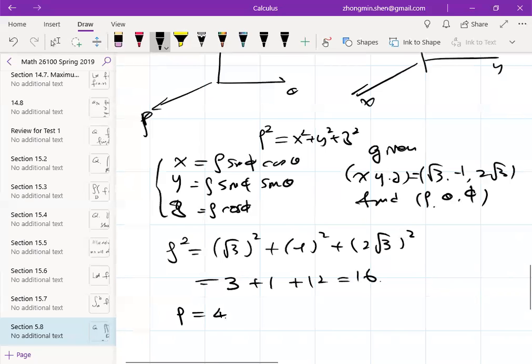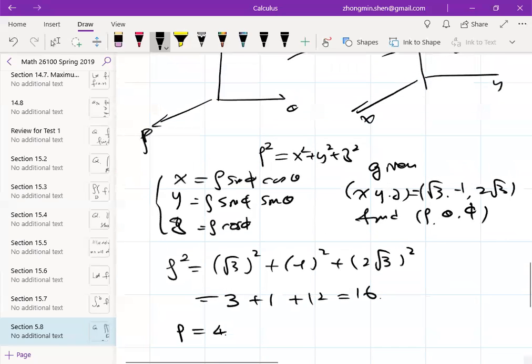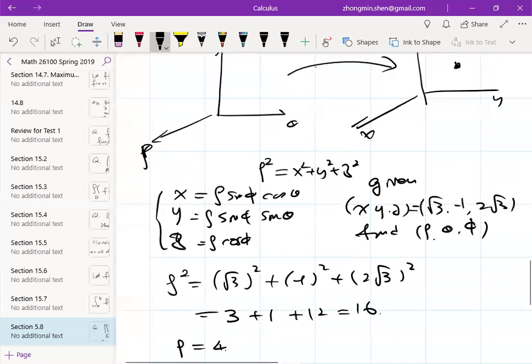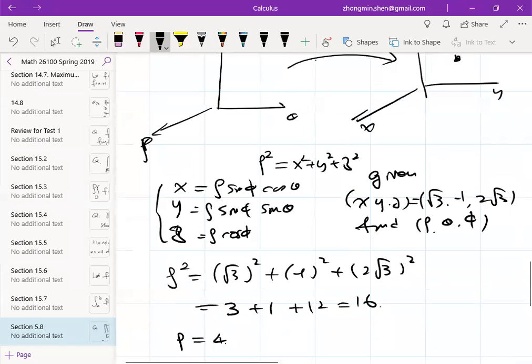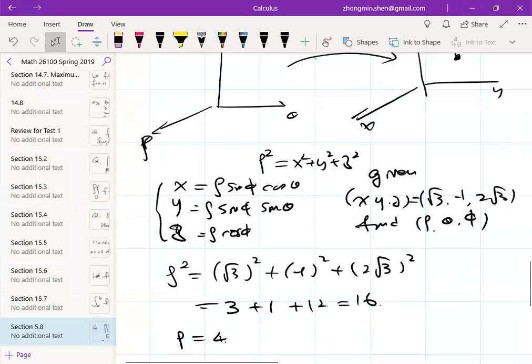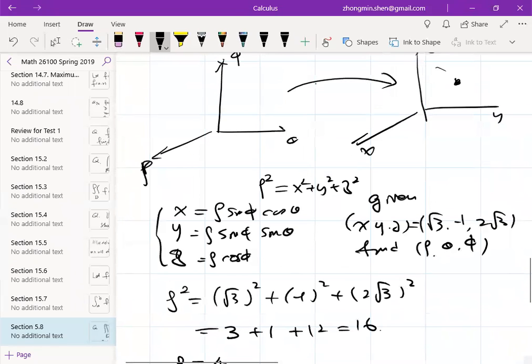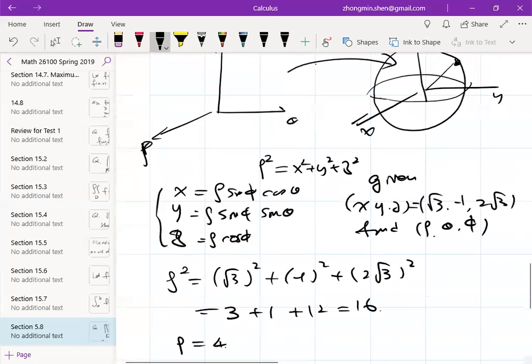This is actually a point on the sphere with radius equal to 4, so you can even draw the sphere here. This is rho equals 4.